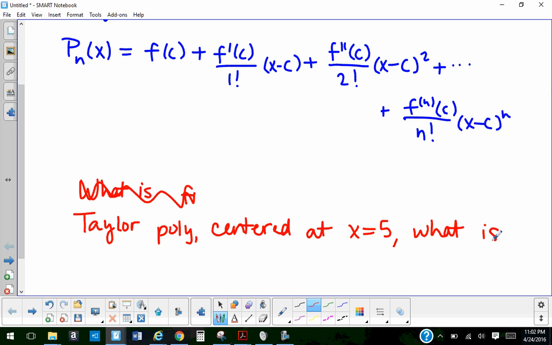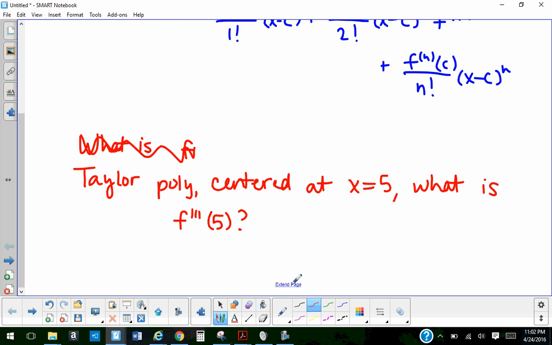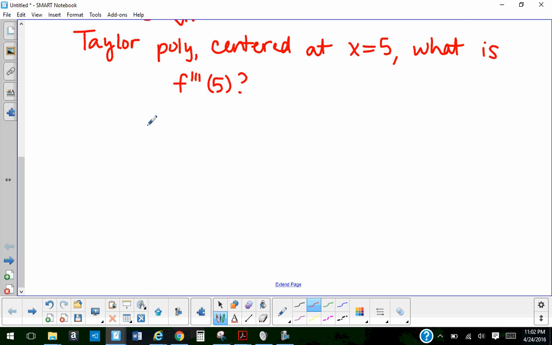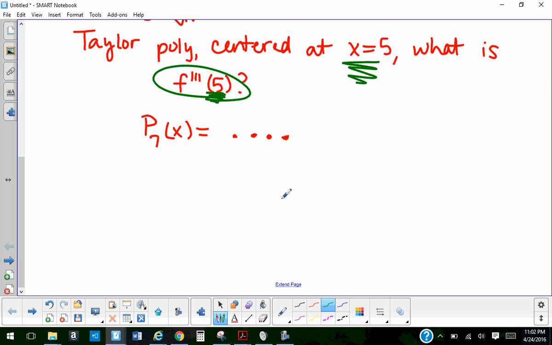What is the triple derivative of f at 5? And they will actually have given you a Taylor polynomial. So maybe they gave you P7 of x and they wrote out all the terms for you. And they want you to use that to figure out the triple derivative evaluated at 5. Well, as long as you're centered at 5, that's good.